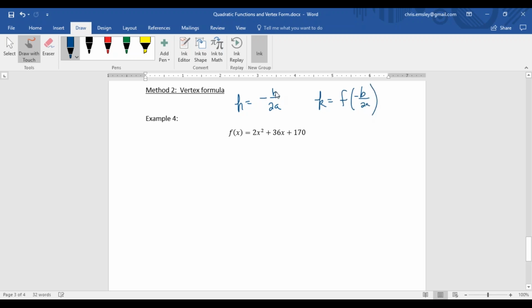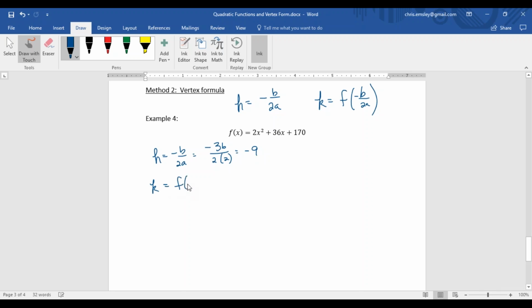So basically, we take whatever we calculated here in the first step and we plug it into our function. That gives us our y value. So we can calculate both of these from the standard form. So here we get negative 36 over 2 times 2, which is negative 36 divided by 4, which is negative 9.